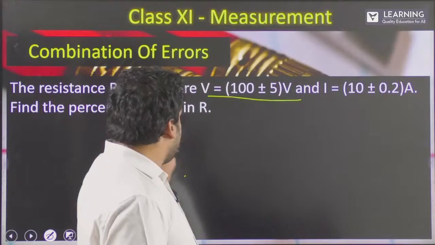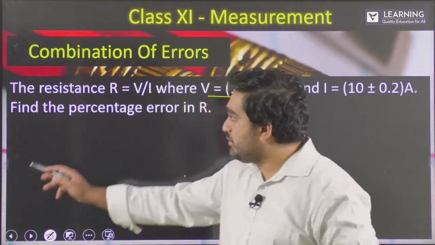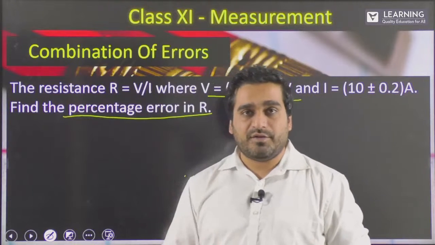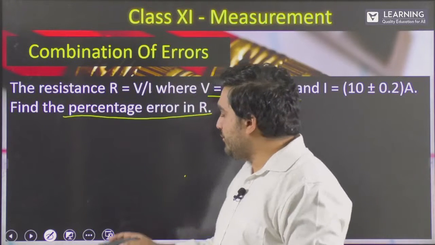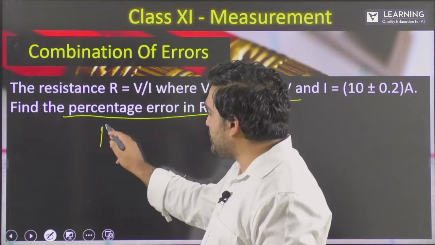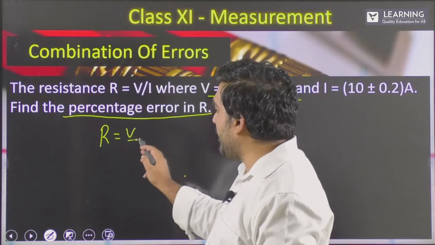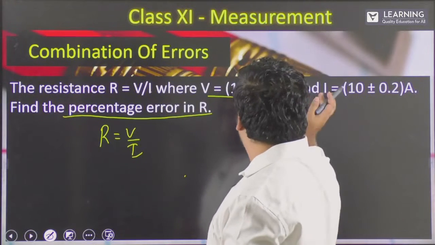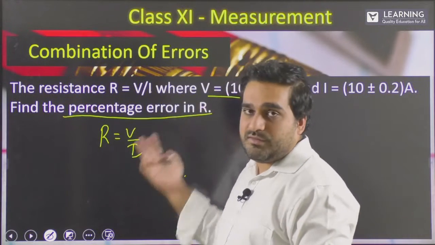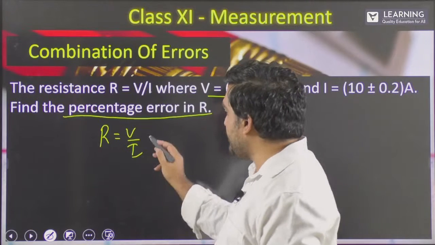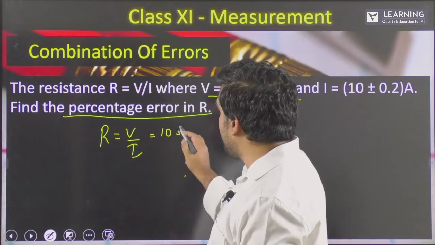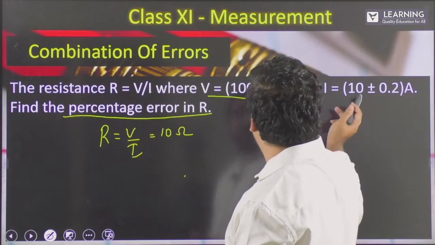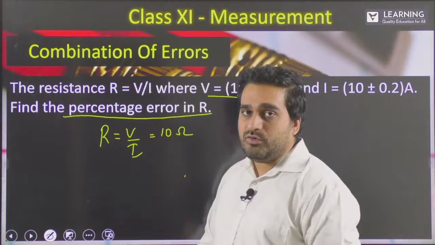Now we need to find the percentage of error in R. First of all, using the given relation R equals V by I, we can identify the numbers 100 and 10, which gives you 10 ohms. That's because voltage is 100, current is 10, therefore you get 10 ohms.